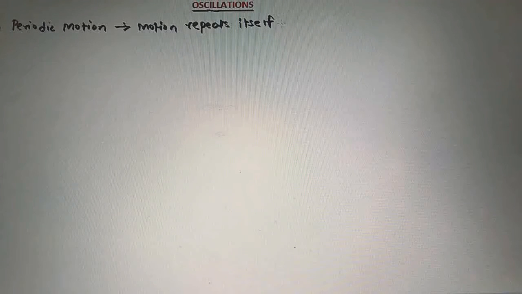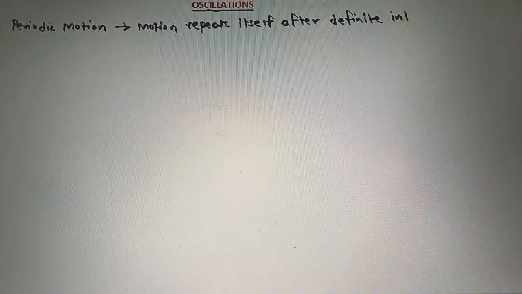The chapter name is Oscillations. So in oscillations, first of all, we will see what is periodic motion. Periodic motion is any motion that repeats itself after a definite interval of time.